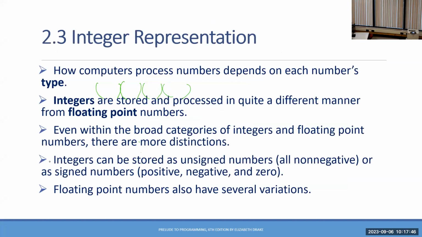Now, the second part here is integer representation. We know that an integer is about whole numbers, only the integer part. We do not have floating point numbers here. So an integer can be stored as an unsigned number, that means non-negative.